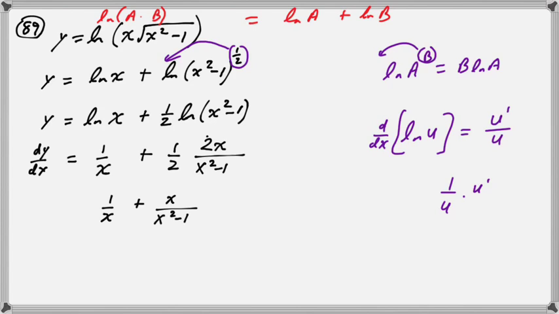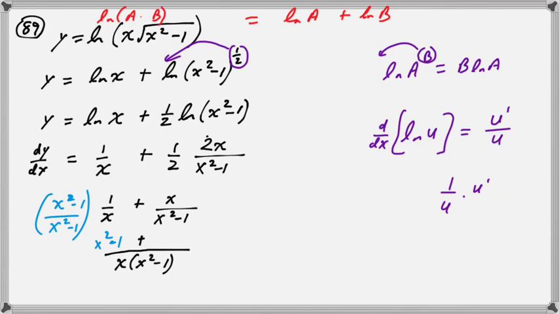And it works out pretty nice with the common denominator. To get a common denominator, you just multiply your two denominators, x times x squared minus 1. This first one is missing a x squared minus 1, right? So what would that give me on top? x squared minus 1.